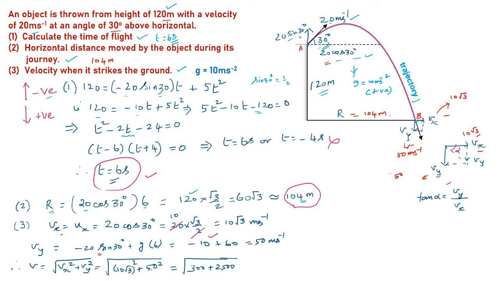So 10 root 3 the whole square plus 50 square. 10 root 3 the whole square will be 100 into 3. This is 300. 50 square will be 2500. So square root of 2800. That can be further simplified.